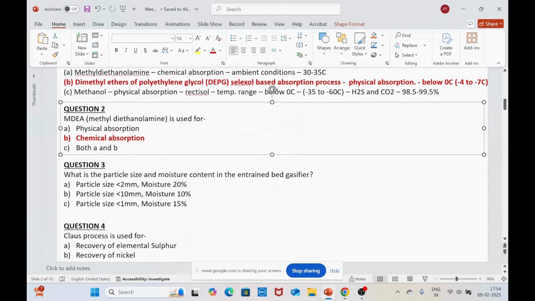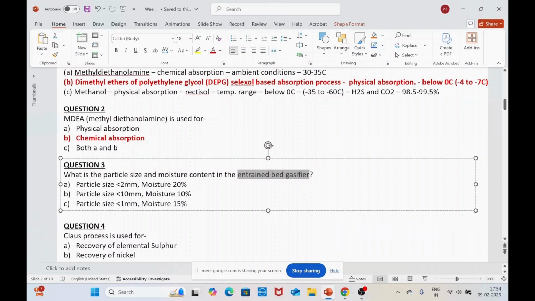What is the particle size and the moisture content in the entrained bed gasifiers? Again, you have three options, and here we are asking for entrained bed gasifiers.